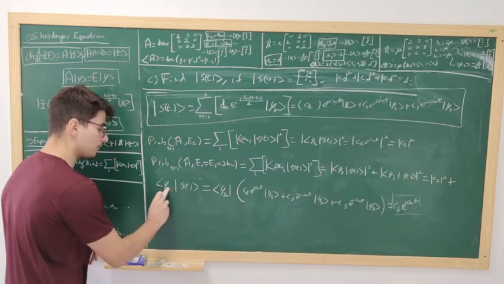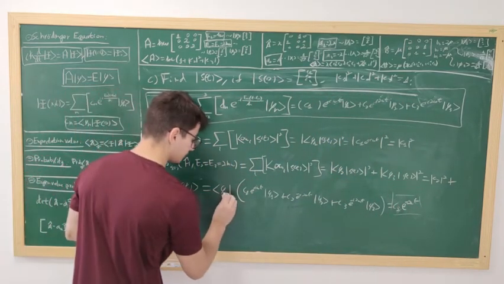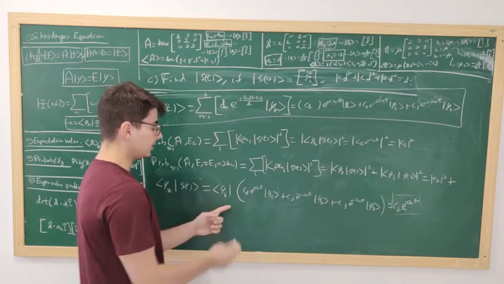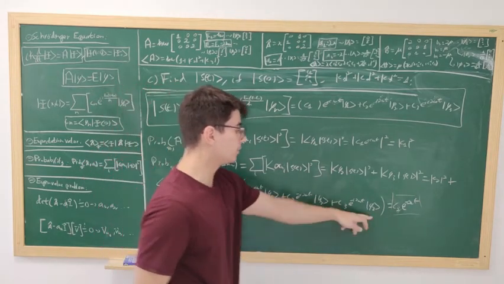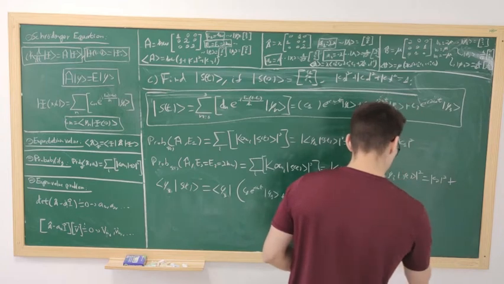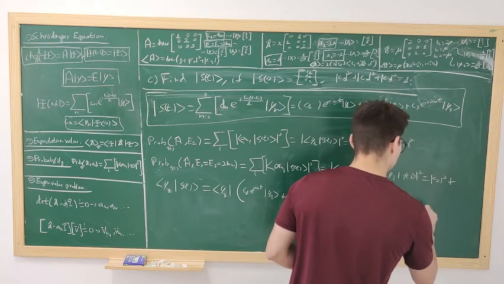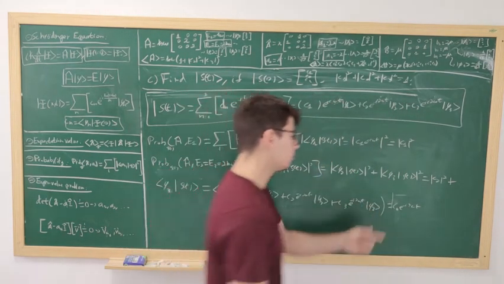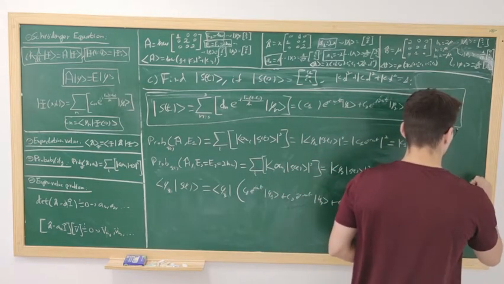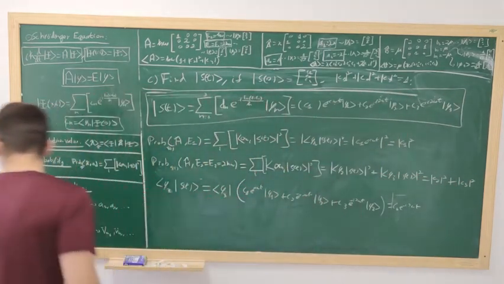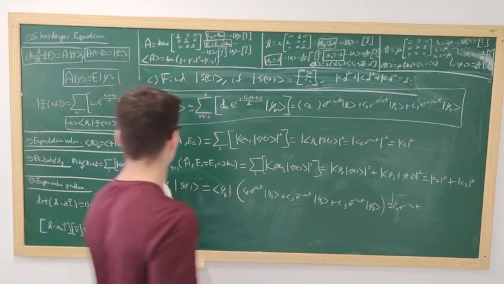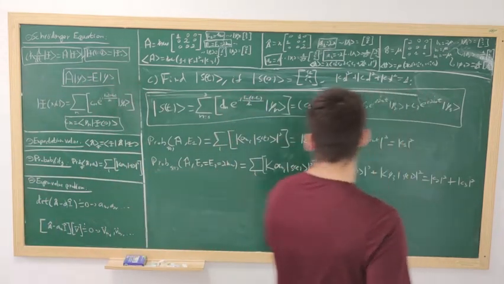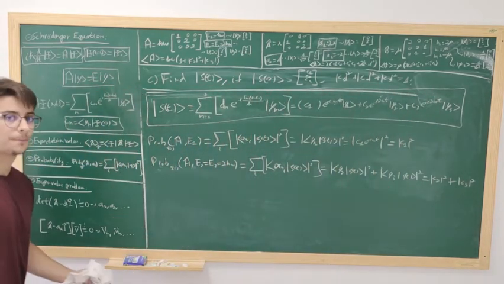Plus, doing the same for phi 3, we get that it is orthogonal to this one and this one, but not to this one. So we get c3 e to the minus i 2 omega t. Taking the modulus squared, we just get c3 squared. So these are the probabilities corresponding to the Hamiltonian. Okay?